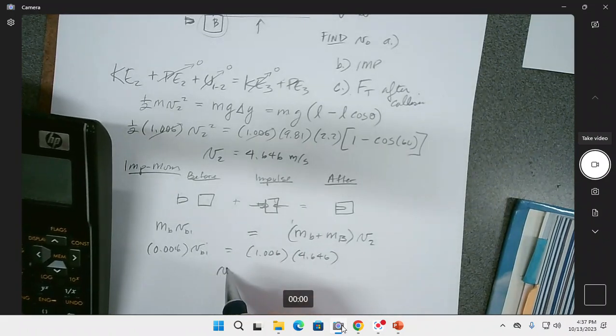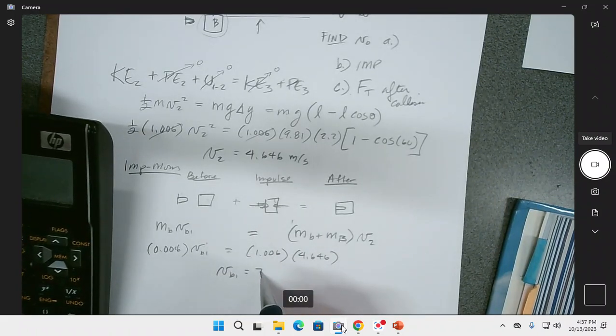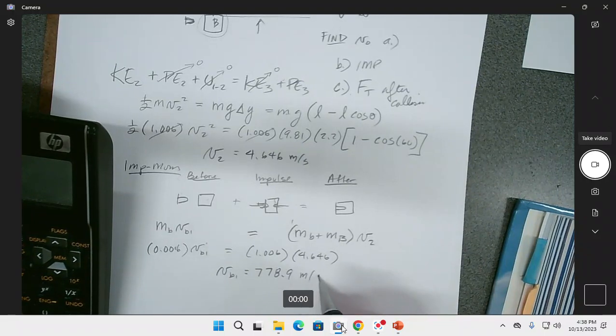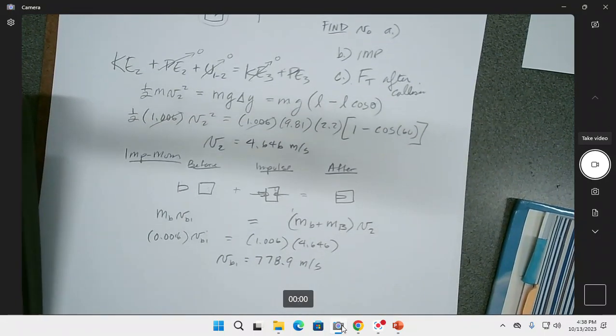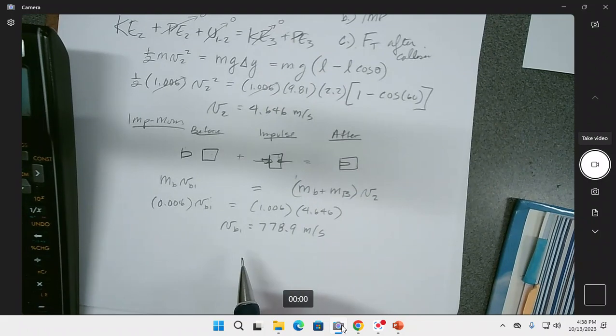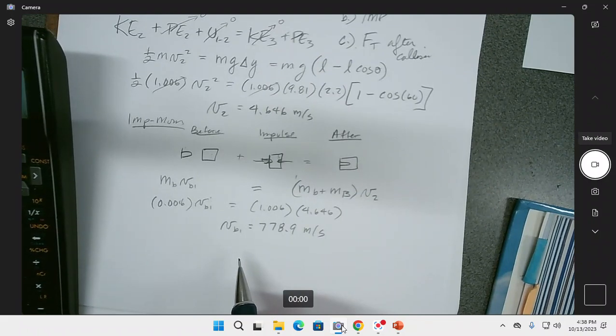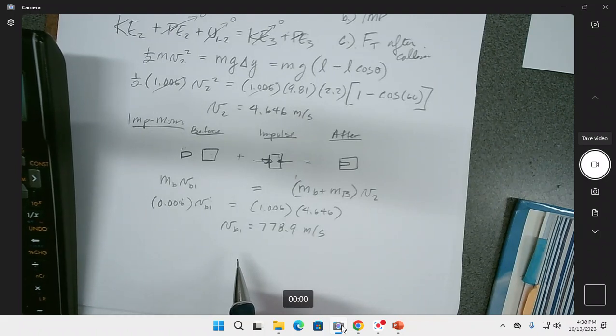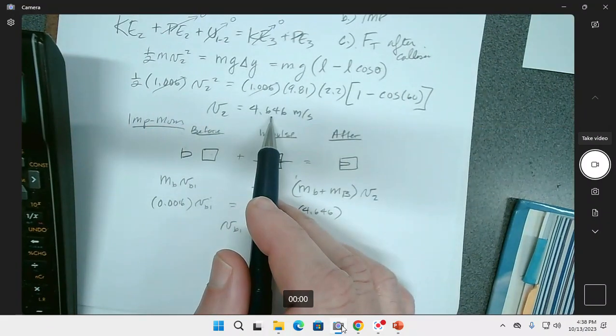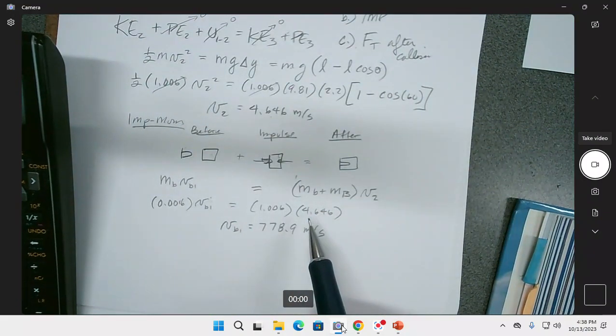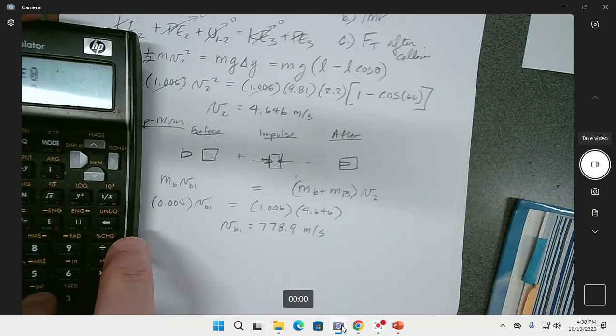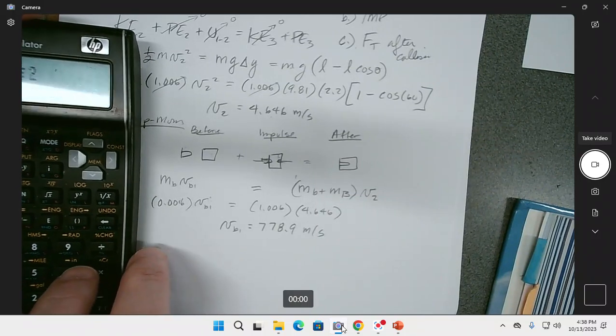And so VB1 is going to be 778.9 meters per second. Does that make sense? Oh, I'm sorry, maybe I screwed something up. Did you get the same velocity? Yes. Let me try again. Oh, I put the wrong math in.